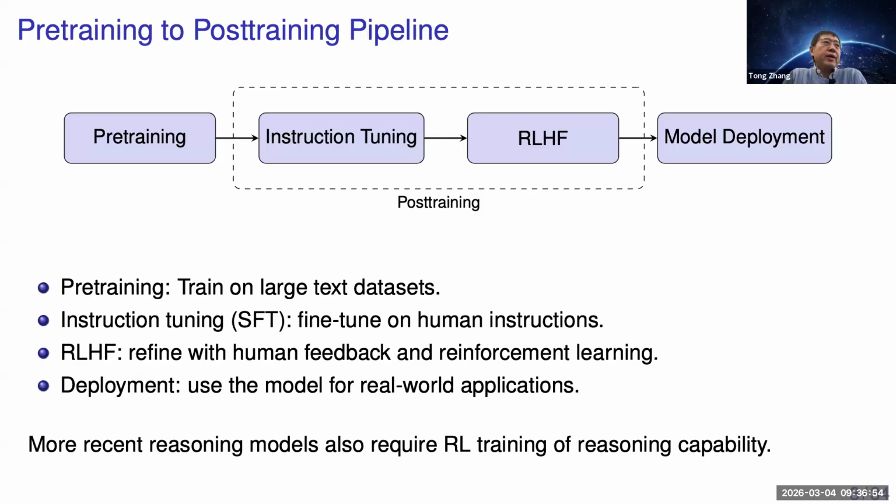Certainly, there is more to that. Things evolve. For example, the reasoning models, right? They require RL training of reasoning abilities. This started with OpenAI, the O series, and now all the models support reasoning, and they require more RL. And even further now there are agents and so on, right?